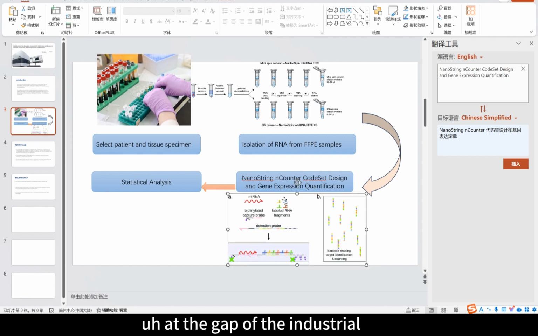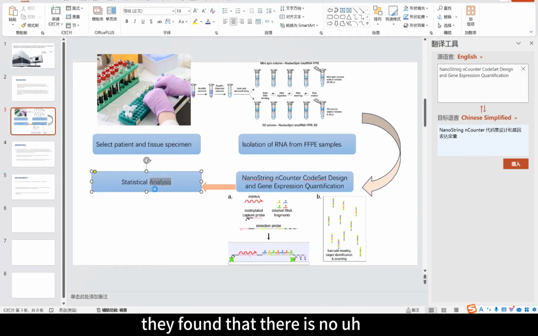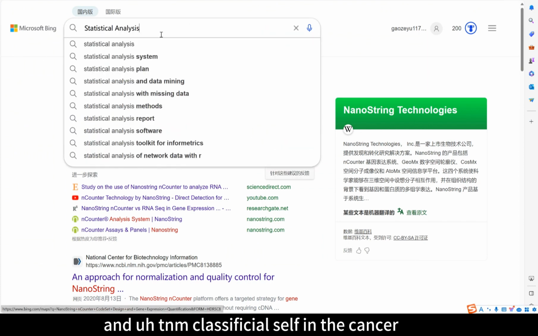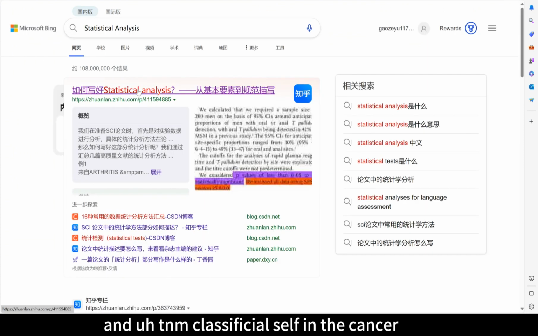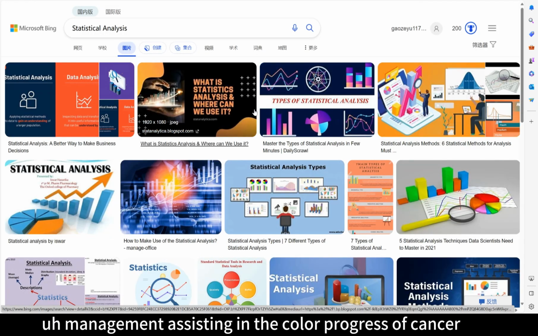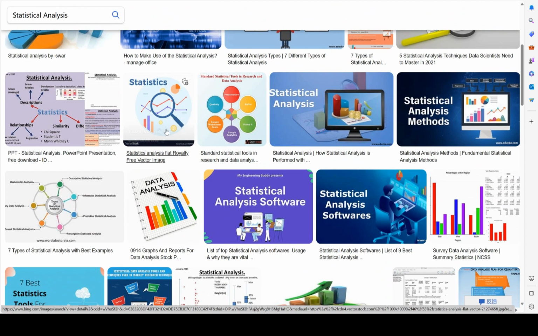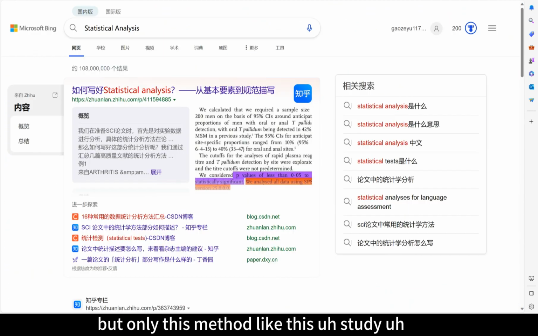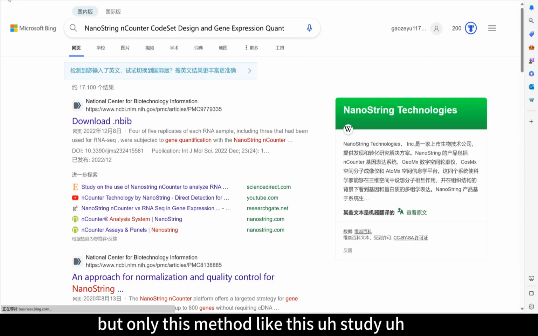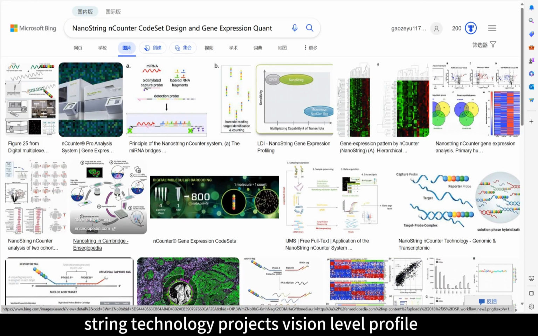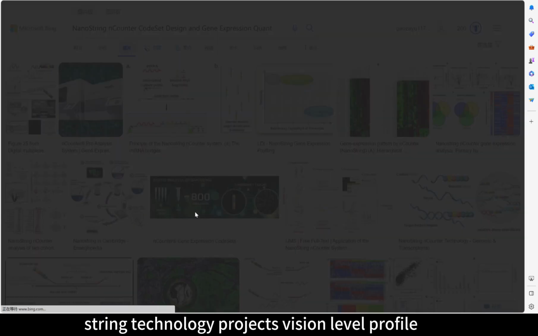As the gap in the literature, they found that there is no predictive biomarker for completing the TNM classification step in the cancer management system in colorectal cancer. So my objective, sorry, I don't want to go through everything, but only this method: in this study, they use nanostring technology for gene expression level profiling.